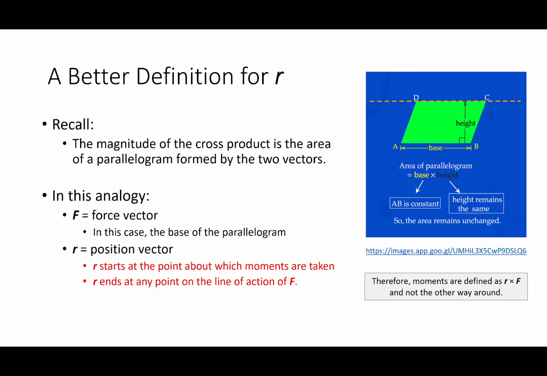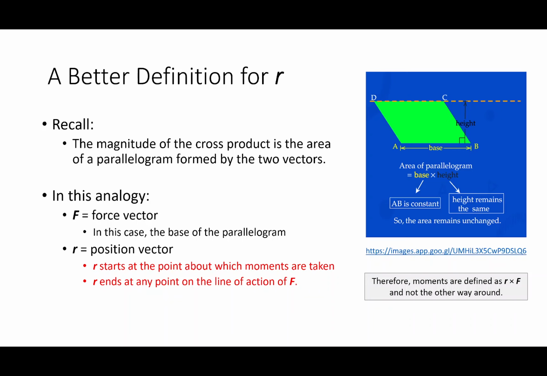So let's say that I have a point here in space. Let's call this A. And let's say that I have a force going along this line of action. So here's my force. And I want to determine the moment generated by that force about this point.